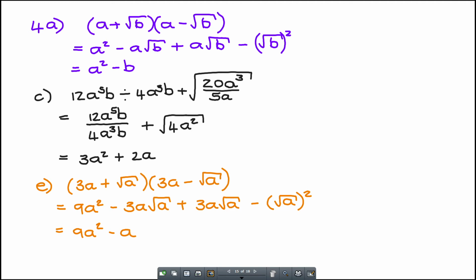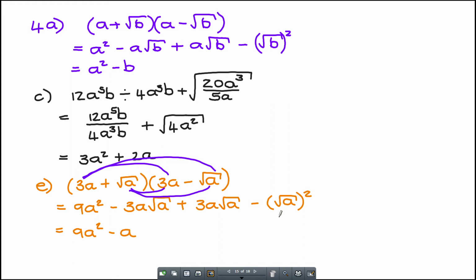Then the last one is very similar to a. So we use FOIL. So I'm going to start with first. So 3a times 3a gives me 9a squared. Outer, so 3a times minus square root a. That gives me minus 3a square root a. Then inner terms gives me positive 3a square root a. And then last gives me minus, and have a look, square root a squared.